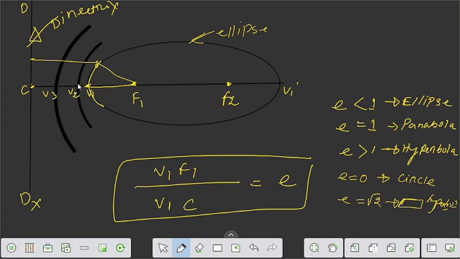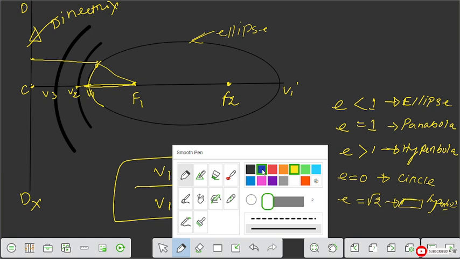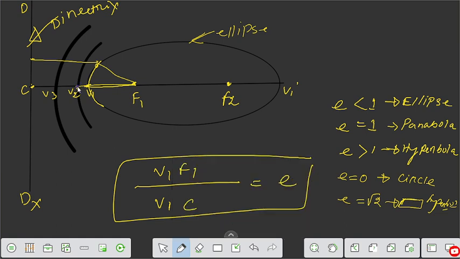And this point to this point, sorry, I changed the color, is always 1, that means this is our parabola, and this ratio is always fixed so that you can form the complete curve.